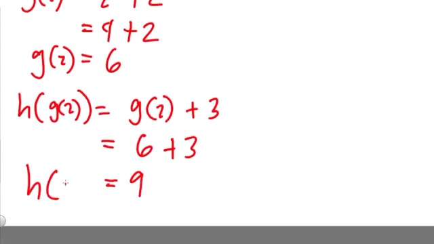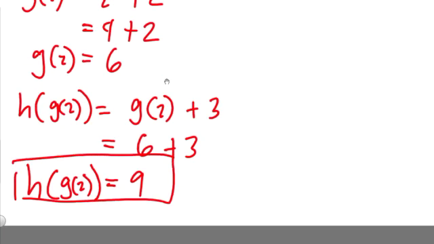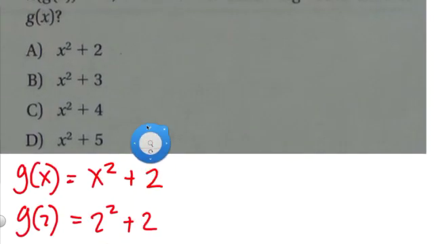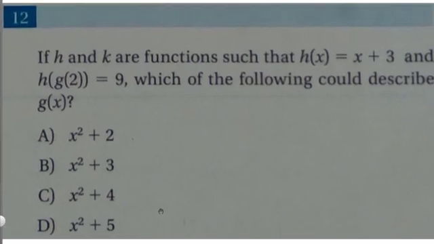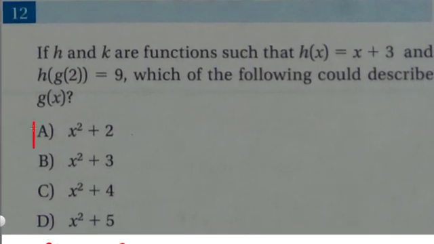So finally, we have verified that h of g of 2 is equal to 9. Therefore, we can be sure of the answer here in number 12 as letter A.